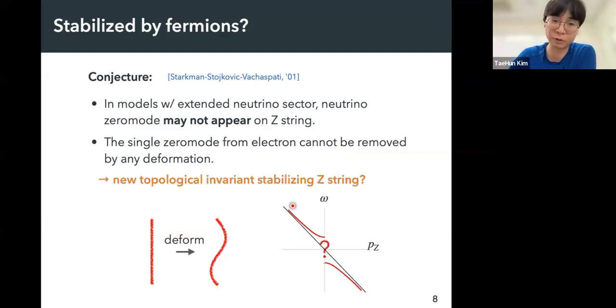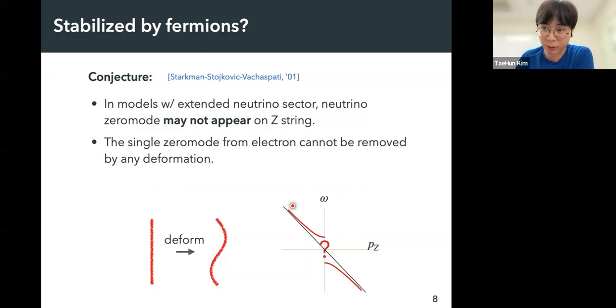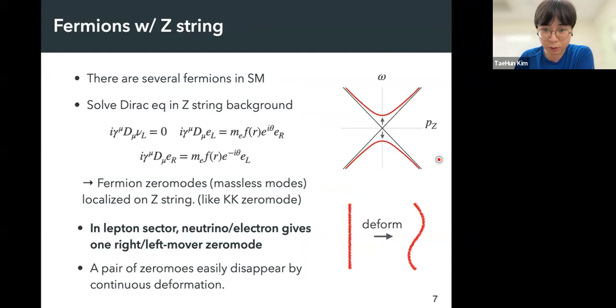Sorry. Well, in other words, yeah, sure. So the deformation means the deformation in space? I mean, the spatial shape is deformed, right? Yes, exactly. So in the previous slides, when the Z string is spatially deformed, these zero modes disappear.